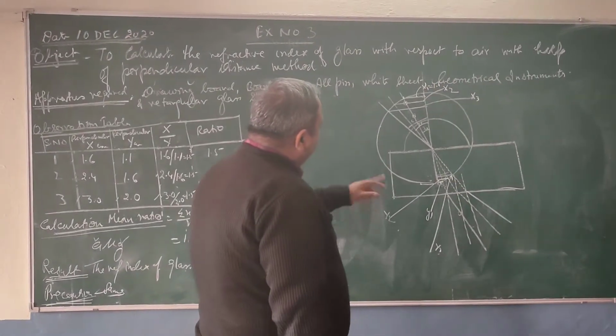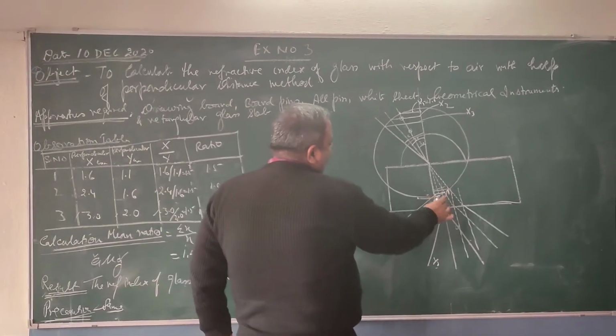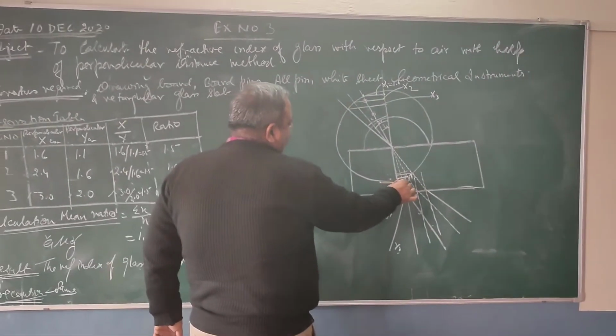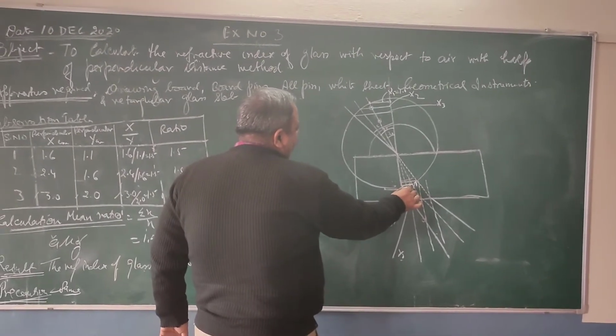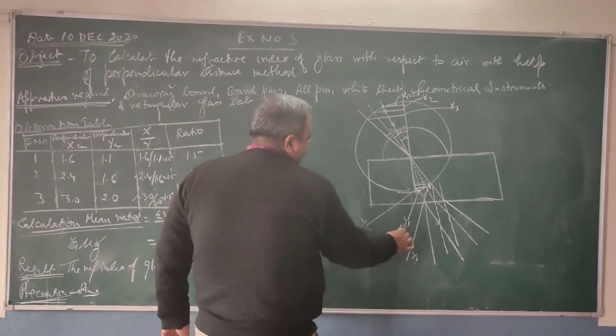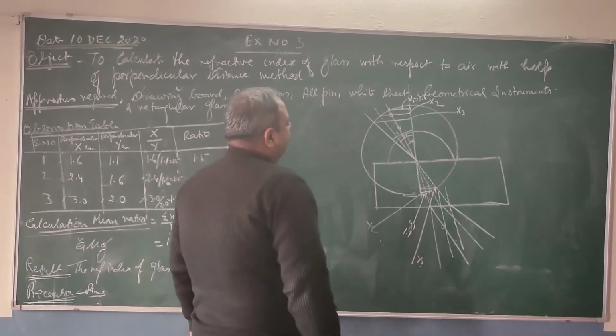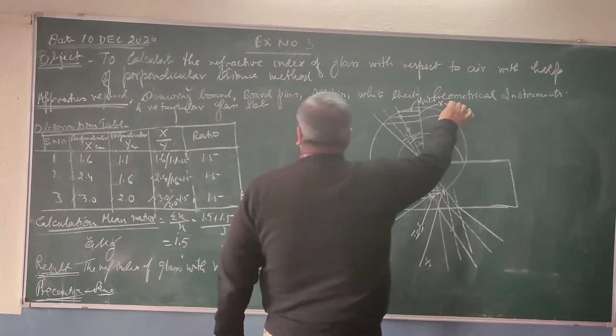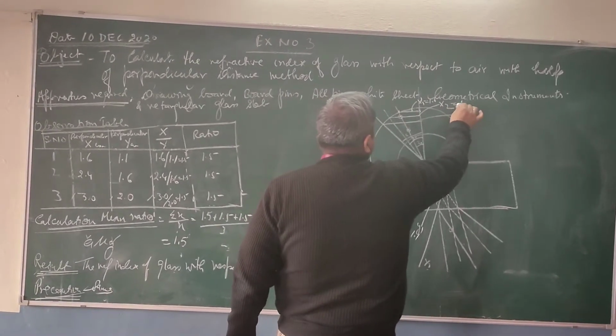And for the refracted ray, the y reading is the perpendicular distance from the circumference to the normal. When I measured it, it was found to be 1.1 centimeter. Second reading, x2 is 2.4 centimeter.